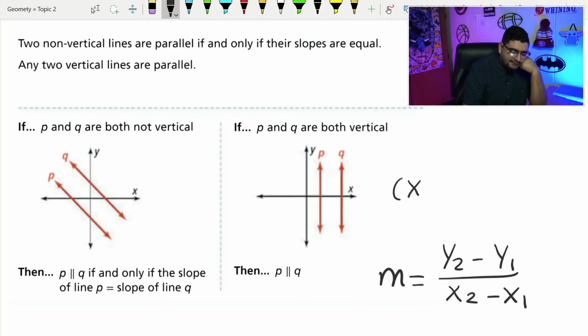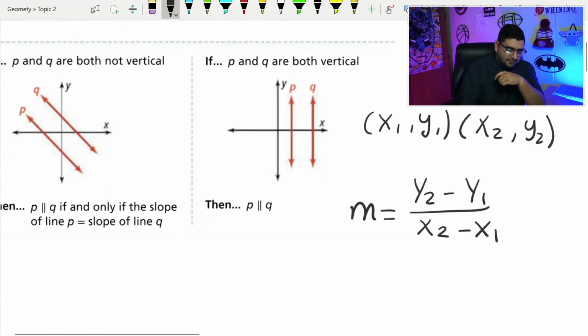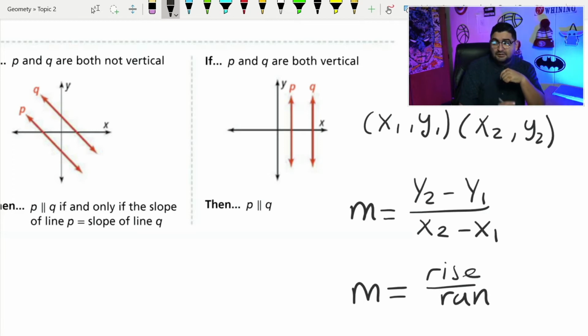We have one point x1, y1 and another point x2, y2. The y values of these points we subtract from each other and put on the top, and the x values we subtract from each other and put on the bottom. A lot of times you might have also heard that slope is rise over run, which you'll also get a chance to see how we use to find some of the slopes of certain lines.